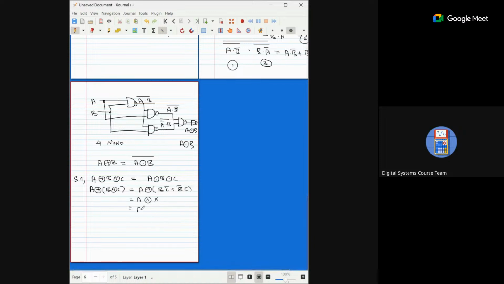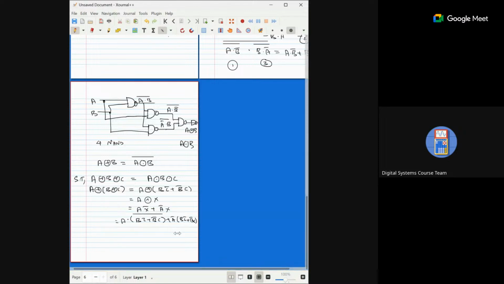That is equal to A X bar plus A bar X. Is it right? Yes, sir. Then I can write A times X bar, which is nothing but the complement of B C bar plus B bar C, plus A bar times B C bar plus B bar C. I'm sorry, I forgot to put the bar here.